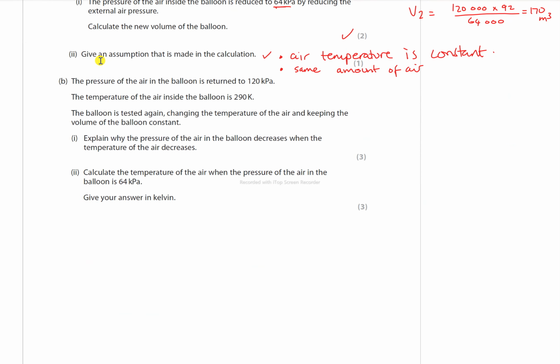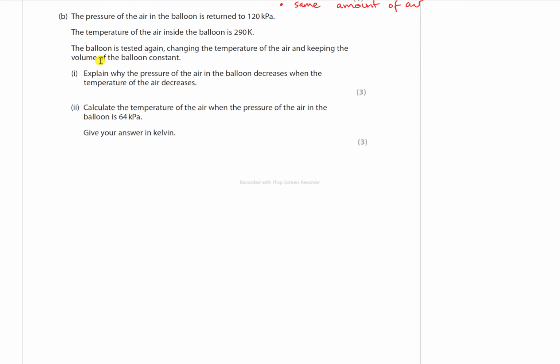Let's move on. The pressure of the air in the balloon is returned back to 120 kilopascals. The temperature of the air inside the balloon is 290 Kelvin. Right, let's just have a quick look at the Kelvin scale. It'll be useful.